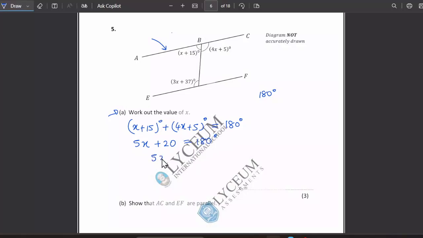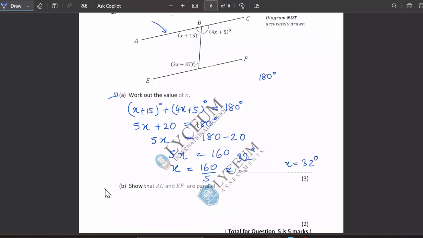Okay. 5x equals 180 minus 20. So that means 5x equals 160. x equals 160 divided by 5. So 160 divided by 5 will give us 32. So x equals 32 degrees.